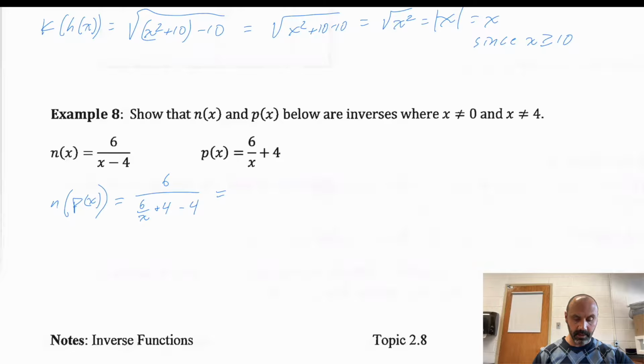Now again, x cannot be 0 in this function because p of x has x in the bottom of a fraction. And so now when I simplify, I get 6 over x over 6 plus 4 minus 4. That just cancels out. And I end up with, this is just equal to x. Right. But again, with the restriction that x is not equal to 4.